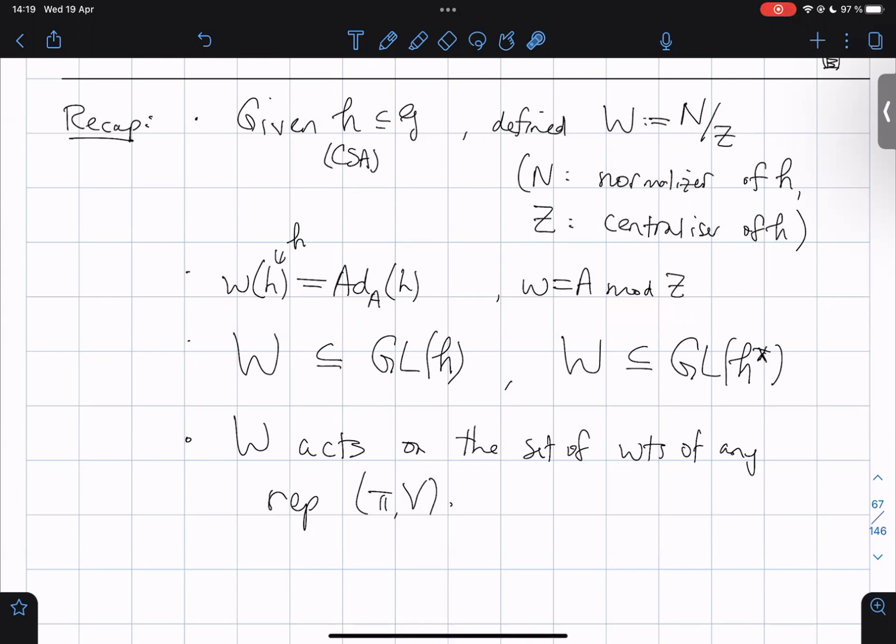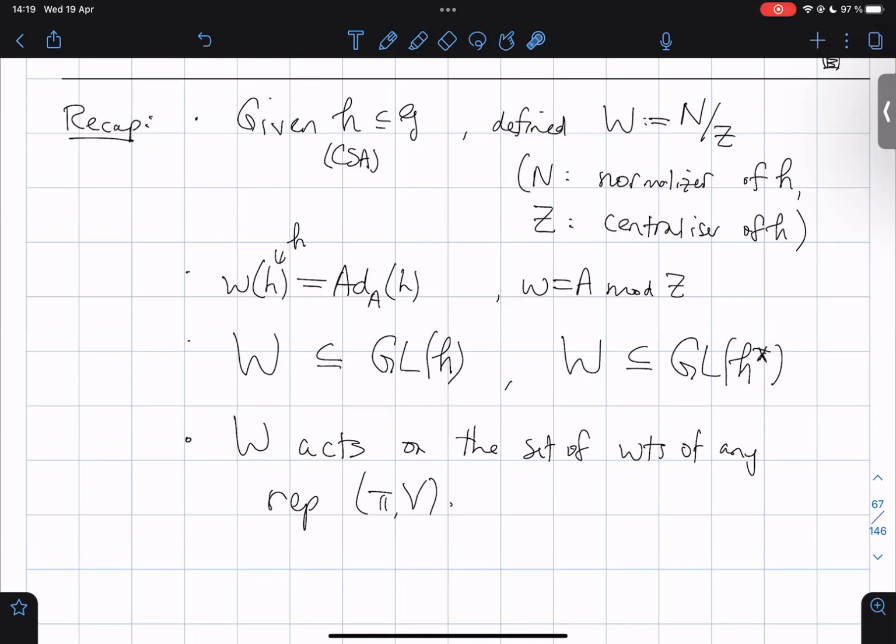And so we saw in the last lecture that we have an action on H, and this is in fact injective. You have a map that's injective, trivial kernel. So we can identify W with its image.